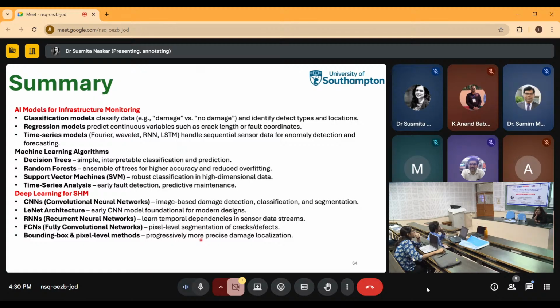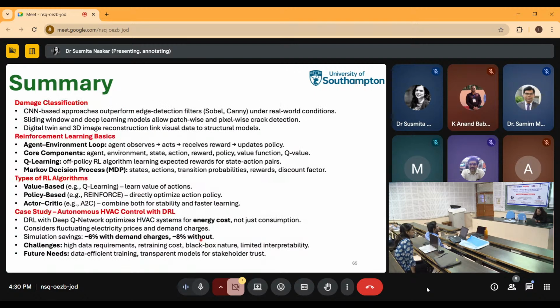So now, if you try to look into the summary of what we have seen today, we have seen the classification model, the regression time series model, and some decision tree, random forest, and other deep learning methods like CNNs, LSTMs, and some kind of FCNs as well. With that, we have also seen damage classification using the CNN.